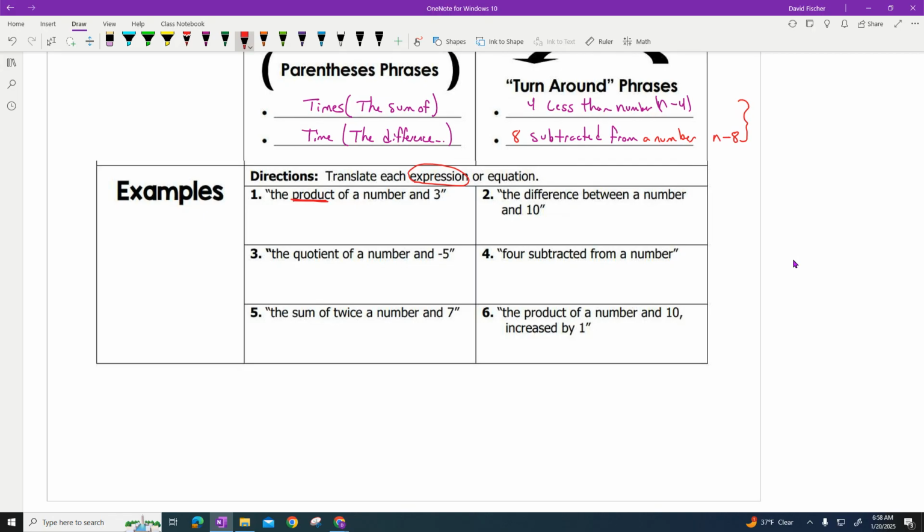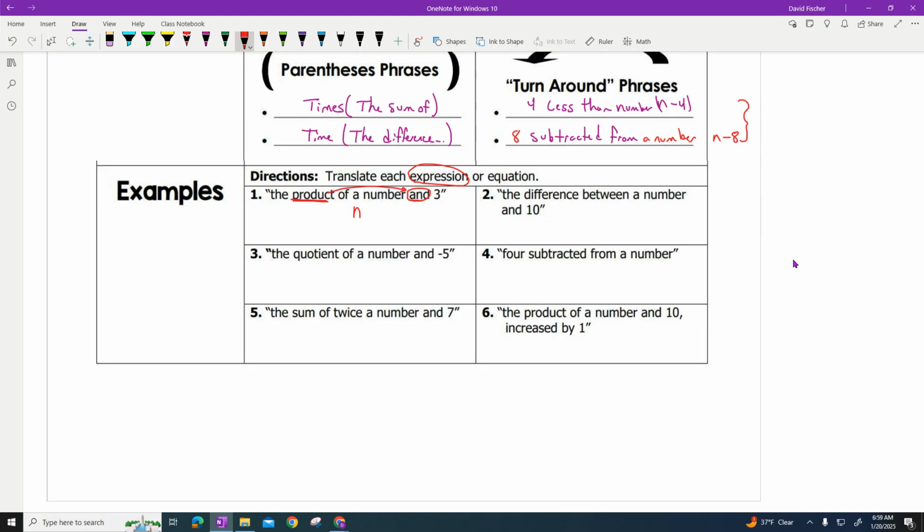Wherever I see the word that's an operation, I underline it, and then I look for this word called and, usually I circle it. So what happens is, whatever this operation is, it goes where the and word is. So if I don't know a number, and usually we say n, meaning a number, because that's the first letter of the unknown, and I want a product of a number and 3, that means number times 3.